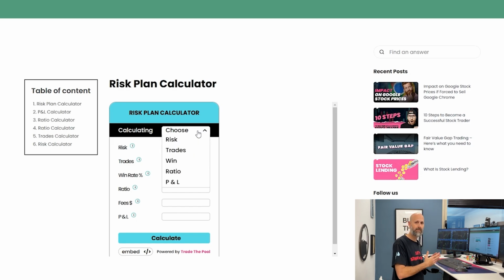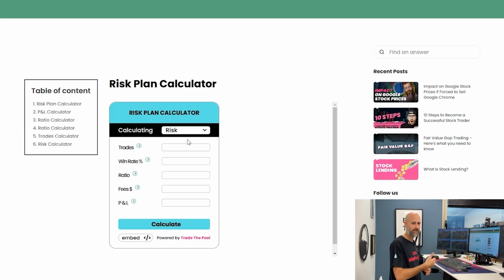Because when I'm building my risk plan for the full month, I need to understand how many trades I need to make, the risk reward ratio, the success rate, how much I'm willing to lose per trade, what the fees are for that account as well, and what's the total P&L that I'm looking to get.